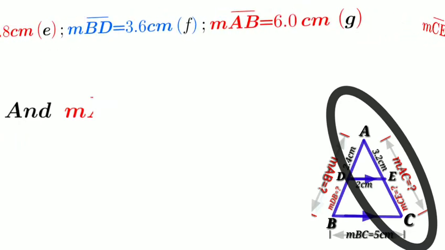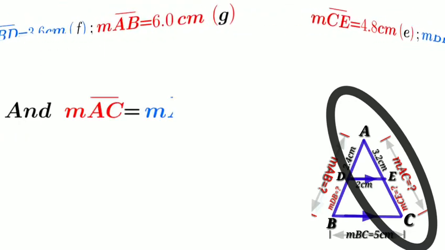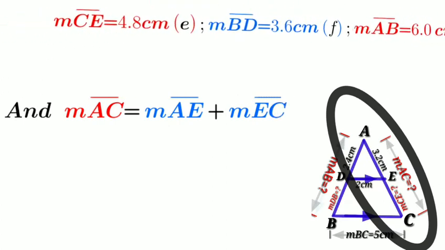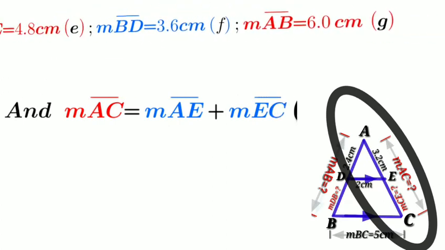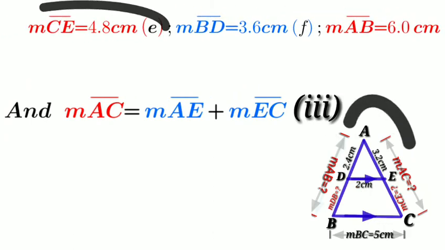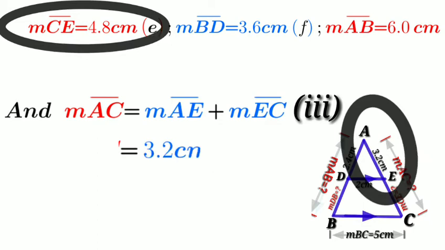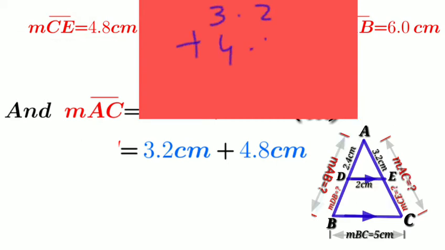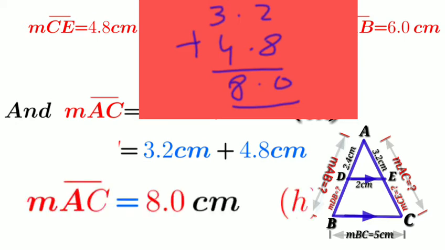And side AC is equal to side AE plus side EC, which is equation number 3. On putting the value of side AE and side EC, the sum of 3.2 and 4.8 is equal to 8. So the value of side AC becomes 8 centimeter.